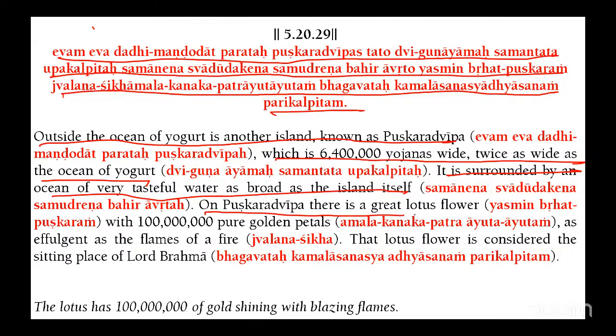On Pushkara Dvipa, there is a great lotus flower with 10 crore pure golden petals, as effulgent as the flames of a fire. That lotus flower is considered the sitting place of Lord Brahma.